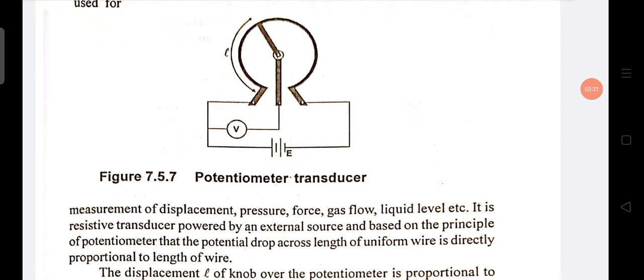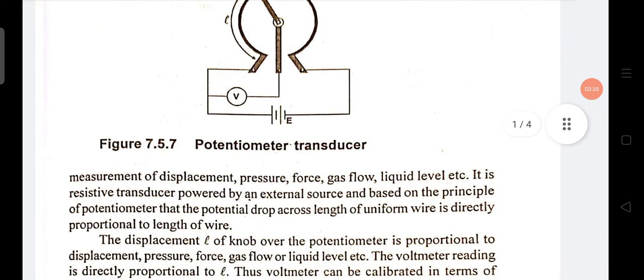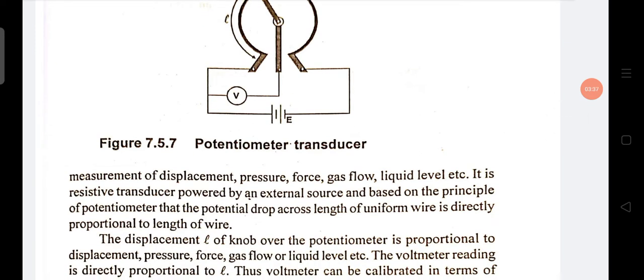Here you see that it is the resistive transducer, based on the principle of the potentiometer, that the potential drop across the length of a uniform wire is directly proportional to the length.